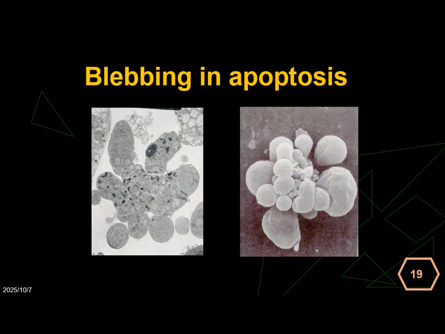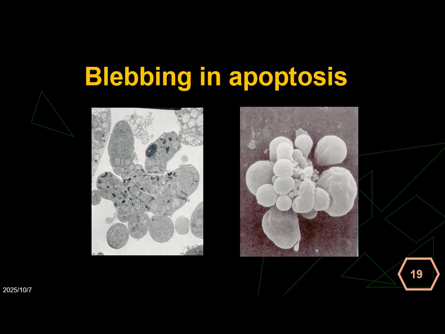So that's blebbing. The one on the left-hand side is the TEM. Do you know what is TEM? The one on the right-hand side is the SEM. So SEM gives you information on the cell surface, and TEM requires much stronger energy to penetrate the cell, so you'll see all the detail inside the cell.